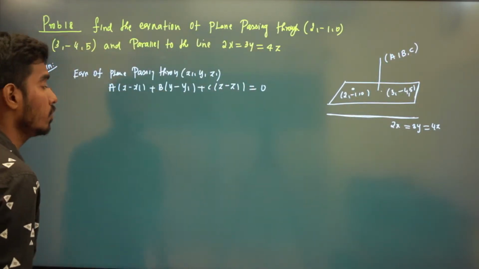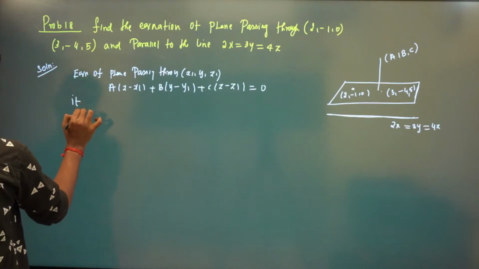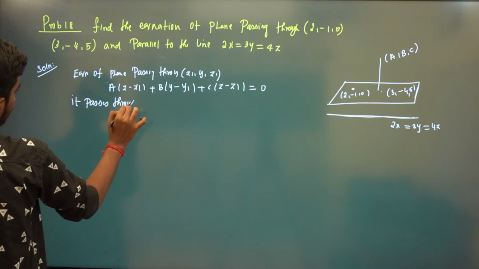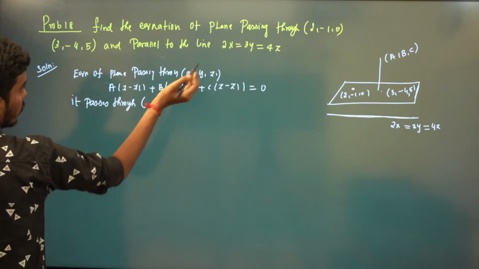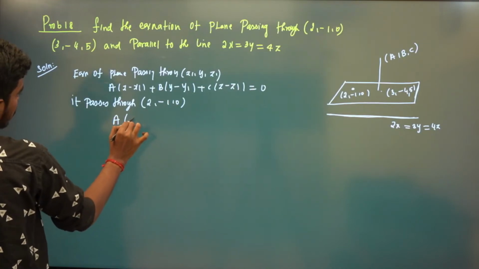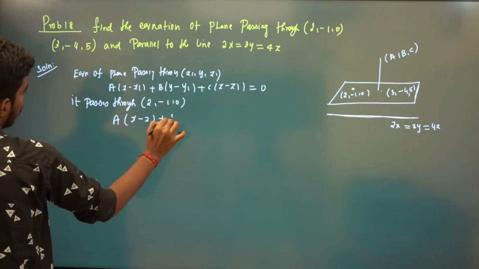That we already know. So here it passes through, you can take any one point, 2, minus 1, 0. The equation of the plane is given by this.